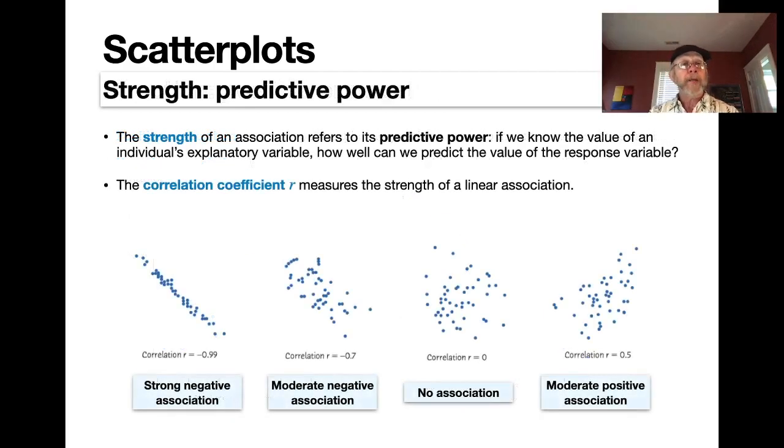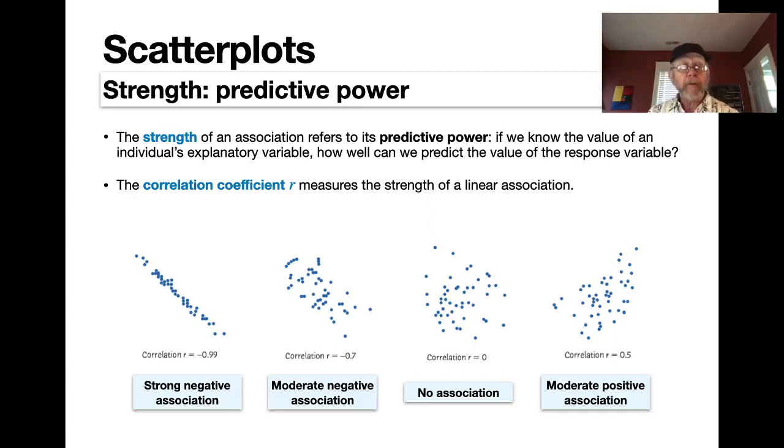And finally, let's talk about strength. That again means the predictive power of the association. In other words, if you know the value of an individual's explanatory variable, how well can you predict the value of the response variable? The correlation coefficient, R, will measure the strength of a linear association.